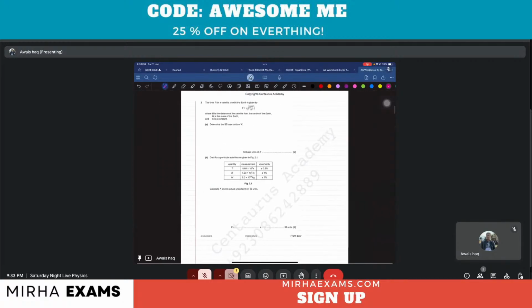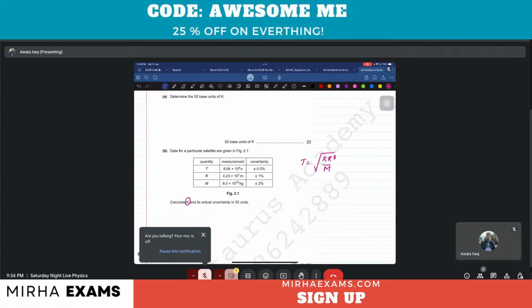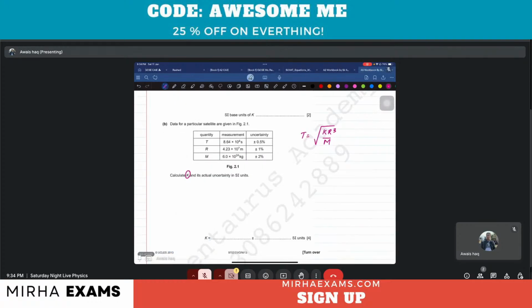So let's suppose they have given you an equation as this, which is t equals the root of k r cubed over m, like that, and they want you to find the value of k, and the actual uncertainty as well, the absolute one.